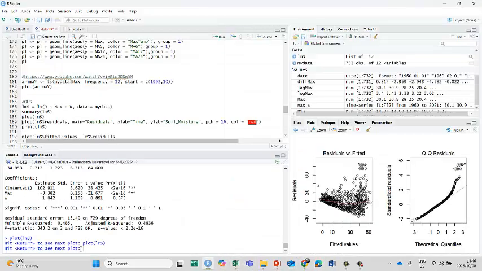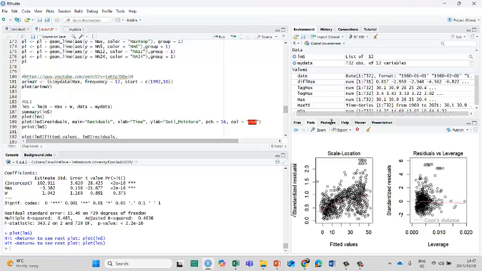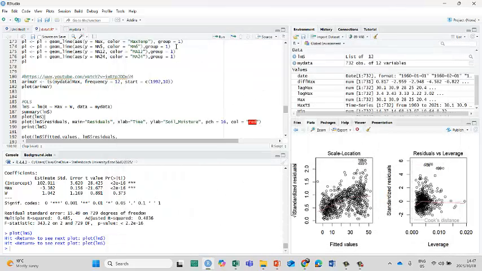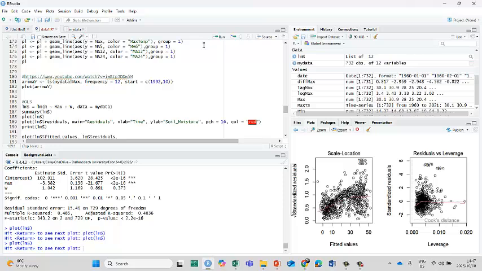Okay, let's plot it again and see what it now gives us. These are the standardized residuals versus leverage. Not too much of a hassle. Let's run it again. Nope, that's basically that.